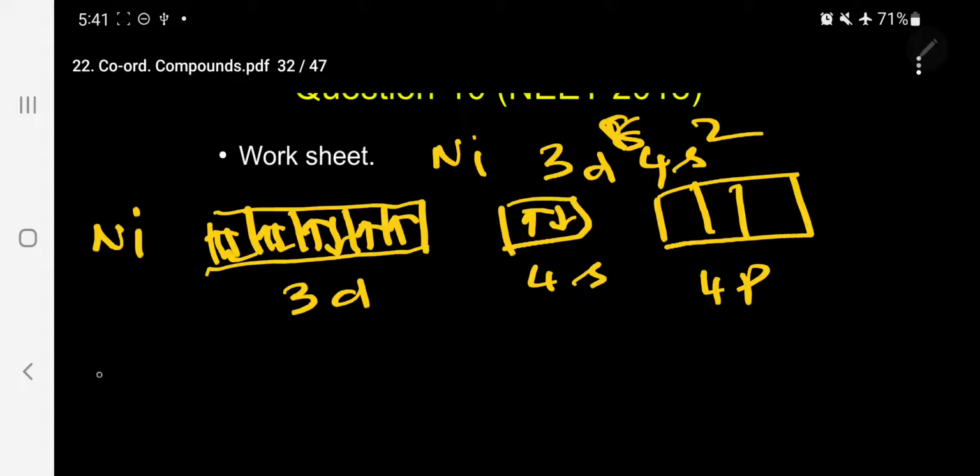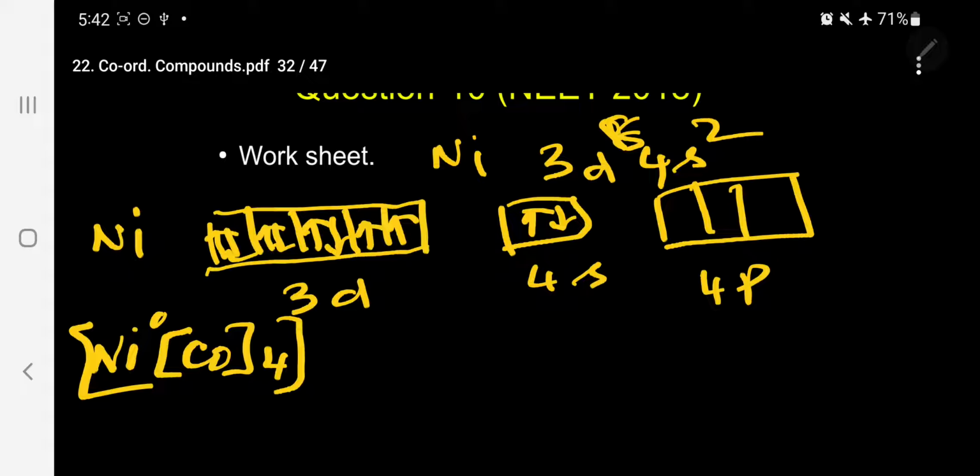What is actually nickel tetracarbonyl? That is 0. That means, kindly follow, nickel's oxidation state is 0. So nothing is happening, it is identical to the same. But in the form of a complex, with CO four times forming a complex, we know according to crystal field theory, CO is a strong ligand, so it will push the electrons towards the t2g.